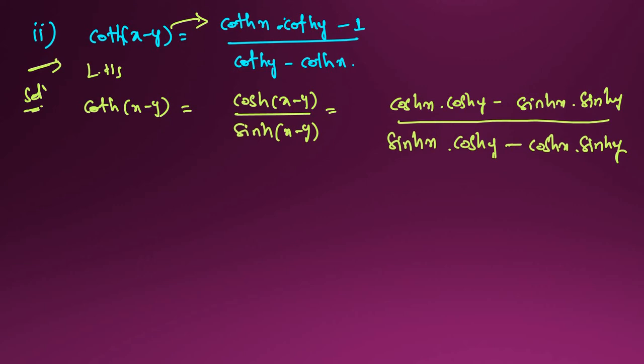Now again we divide the numerator and denominator by sinh x into sinh y, because we have to get coth, so that's why I'm dividing by the sine.